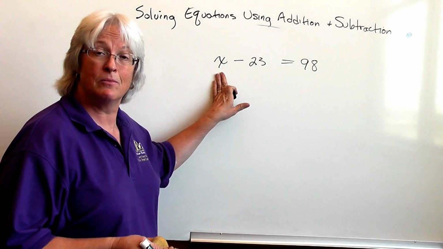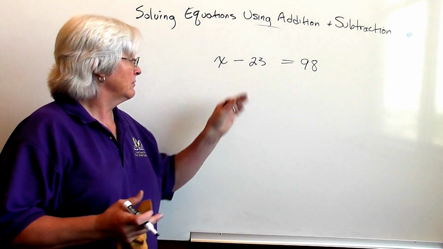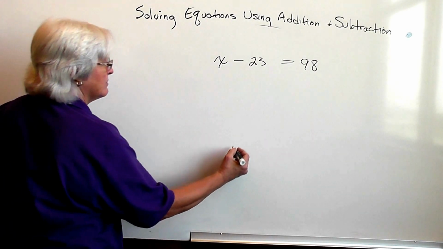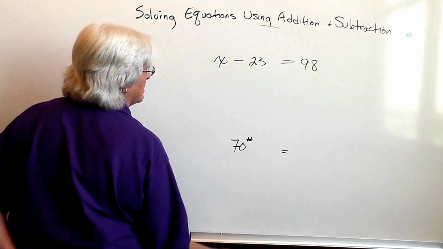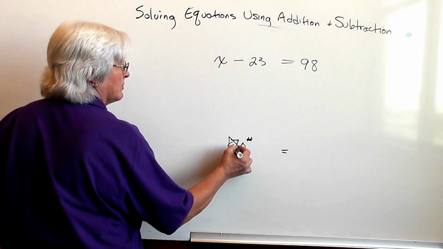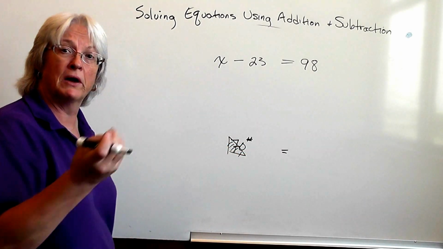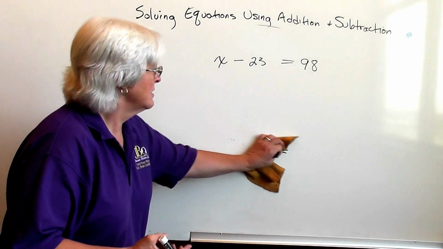We started with some number. We don't know what that some number is, but remember our seesaw that we had over here? We had 70 pounds. What did we do? Remember, we subtracted, took a bite out of that. We took 10 pounds out of it to get 60.